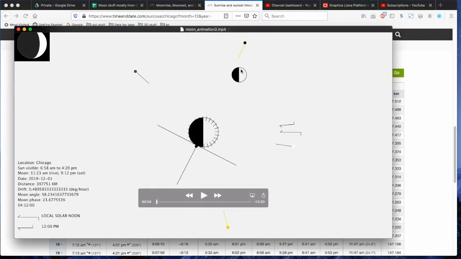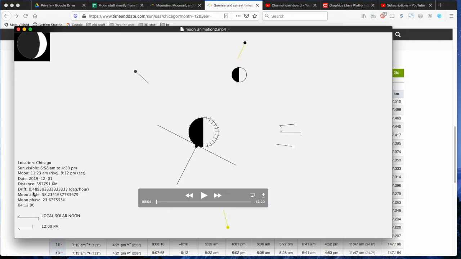The sunrise and the sunset pin and the local 12 p.m. marker change at midnight. The moonrise and the moonset change when the moon crosses your local meridian. And you can also see all of these numbers change as well.